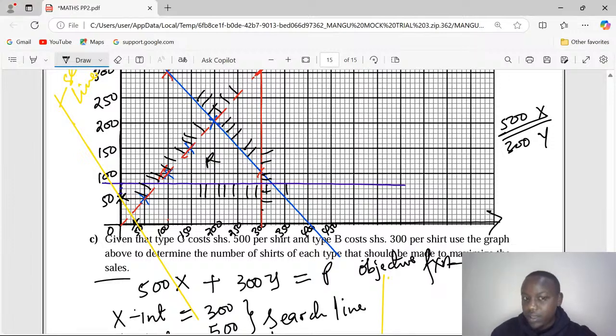So we go to the largest possible coordinate of X within the required region.